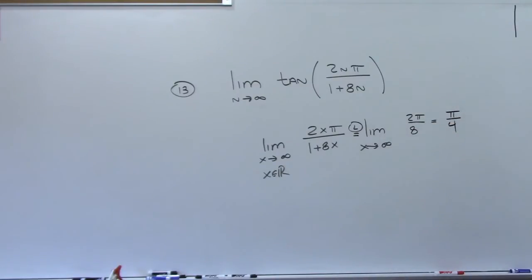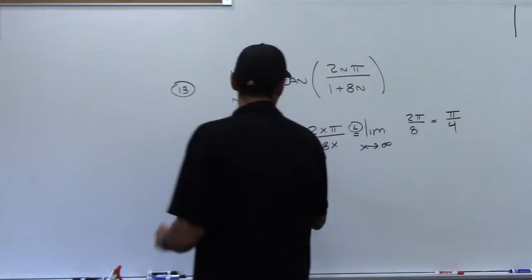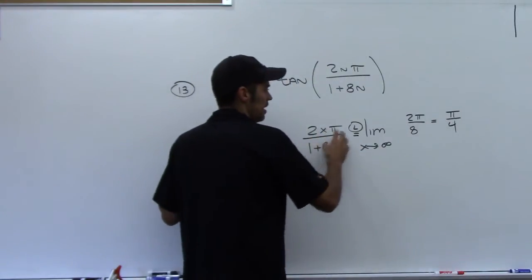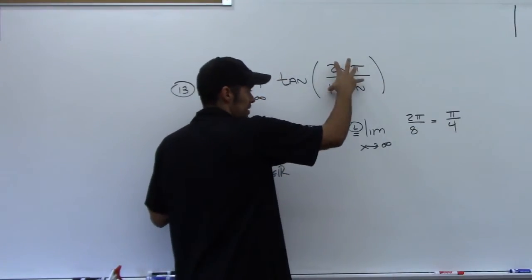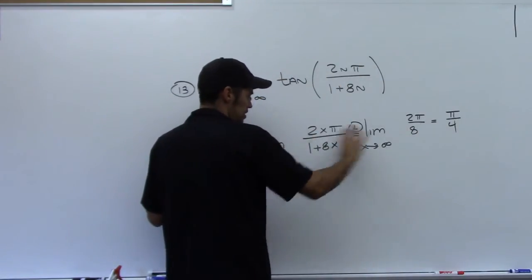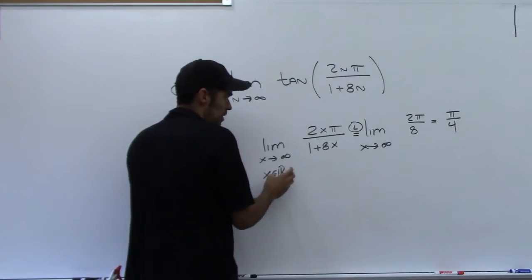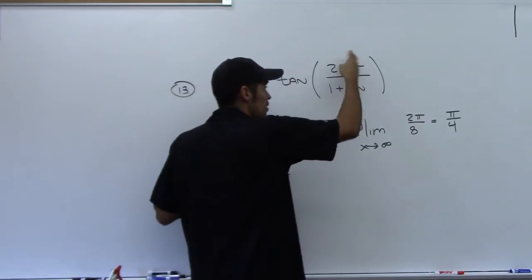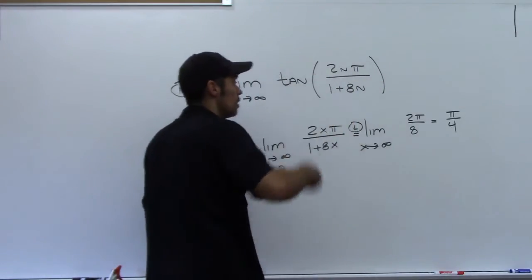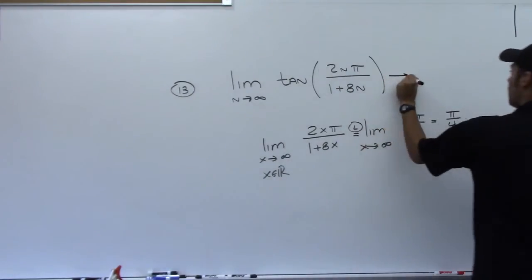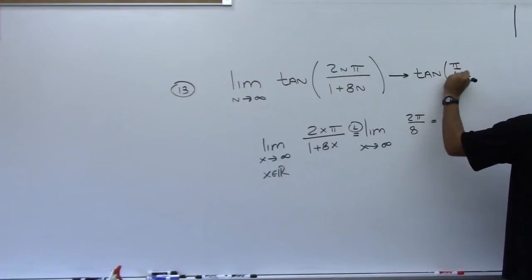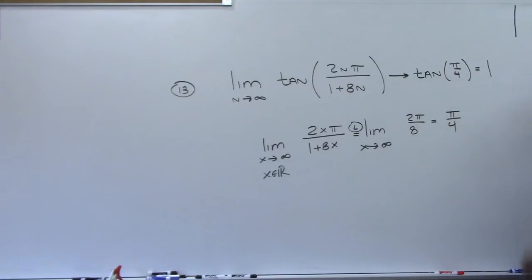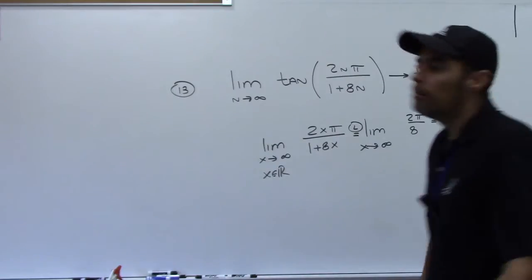So what I'm saying is that as the x gets bigger and bigger and bigger, this thing heads towards pi over 4. That's what the inside of this is headed to, right? Because whatever this does over x, that's what happens over n also. So I know that the inside of this is going to pi over 4, which means that this is headed to tangent of pi over 4, which is just 1. So this sequence converges to 1.